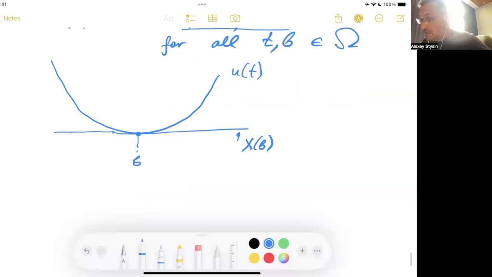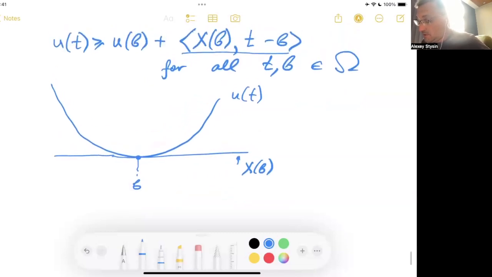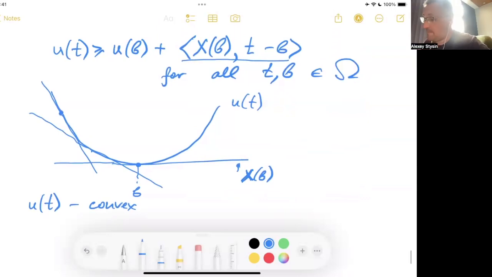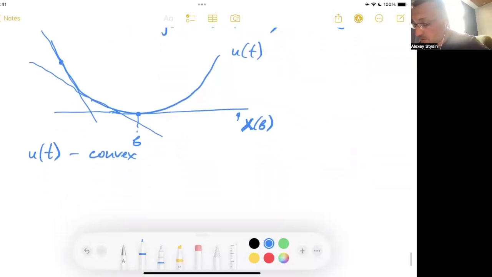Well, this exactly is the definition. So first of all, we know that our u of t is formed as this envelope of those linear functions. So everywhere we have this happening, and therefore we can conclude that u of t is convex, and then x of b are those tangents, those supporting hyperplanes, supporting linear functions. And this is the definition of the subgradient.